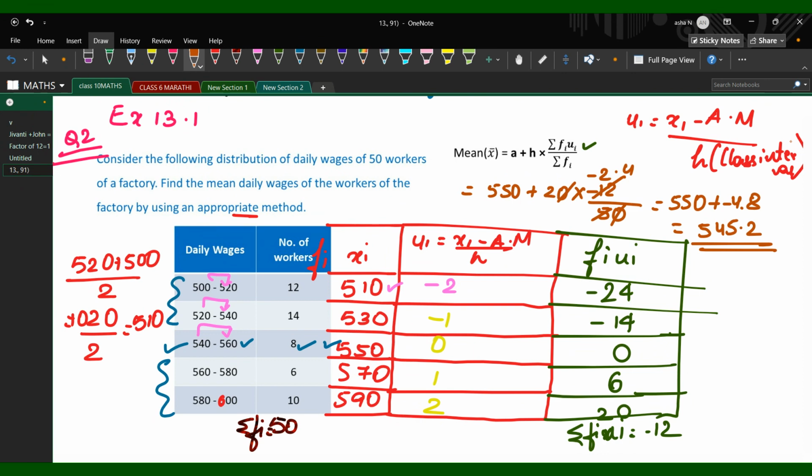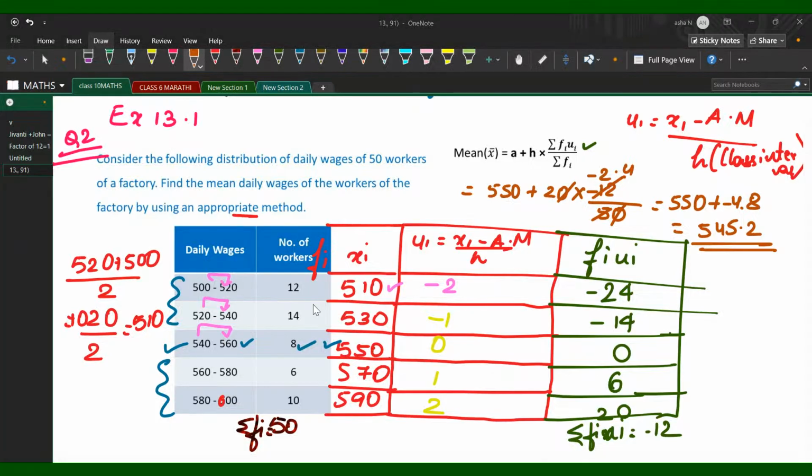Then you will get a different answer. It is not the correct answer. When the data is too much, that is the time we will use deviation.